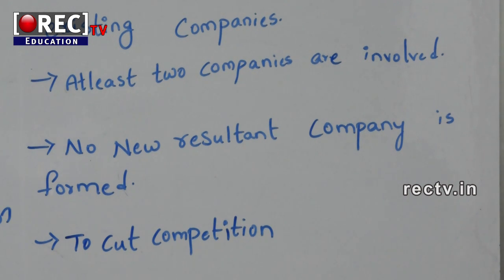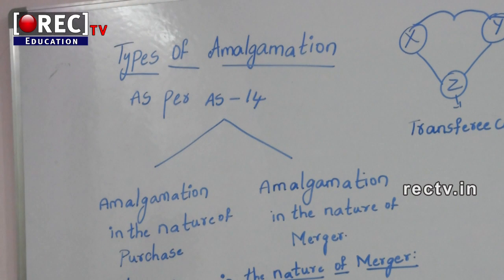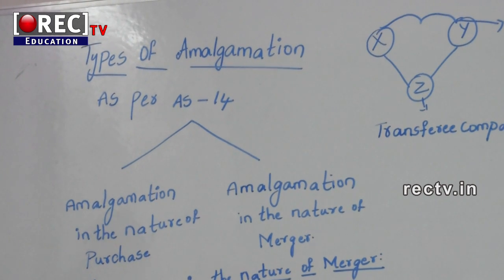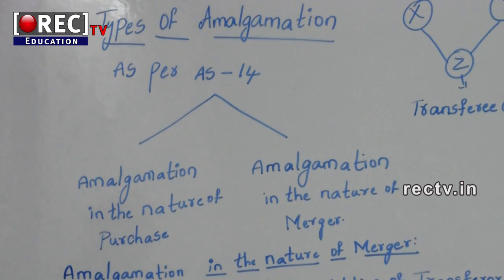in the market. Before going forward with this topic, let us understand two simple terms: what is a transferor company and what is a transferee company. The Companies Act does not define the term amalgamation clearly, so the ICAI has introduced Accounting Standard 14 on accounting for amalgamation. According to Accounting Standard 14, amalgamation is of two types.